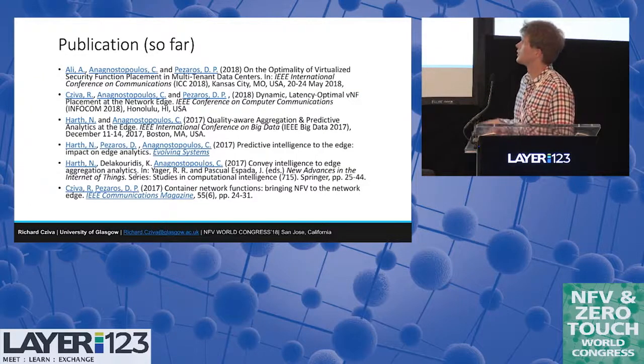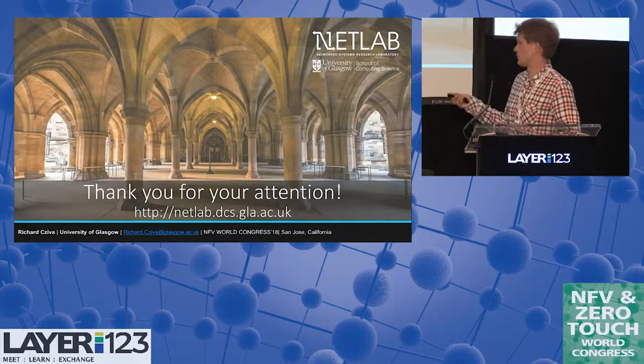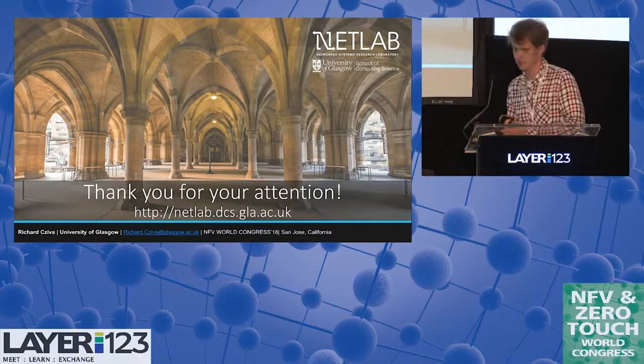And with that, I would like to thank you, and everything I've been talking about and even more details are on our website if you are interested. Thanks very much.